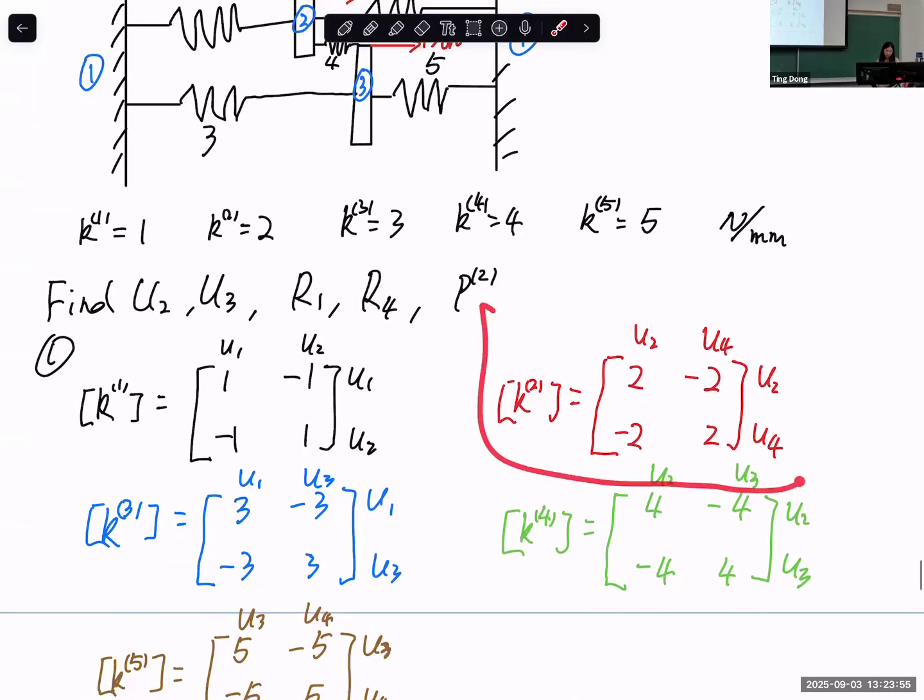Yes, actually, you can just use this one, and you times U2, U4, and you have the nodal force, right? And the nodal force and element force are always the same magnitude, but the element force is always the same sign as Fj.